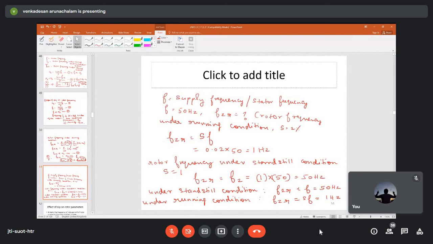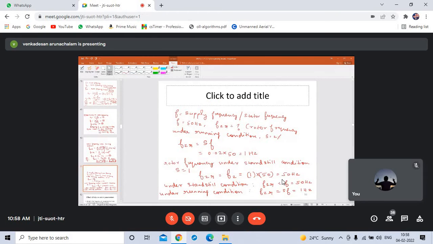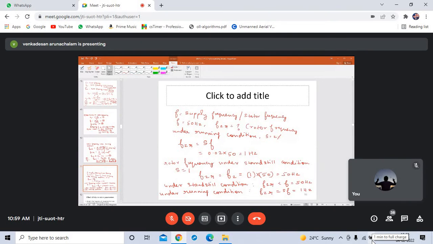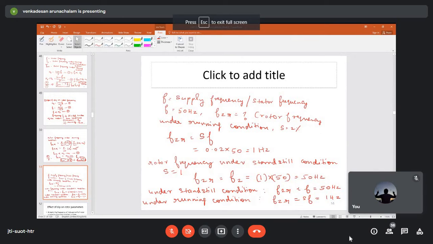So under standstill condition, your rotor frequency is 50 Hz, and under running condition, the rotor frequency is equal to 1 Hz. In other words, how much effect the slip has on the rotor in an induction motor, you can very well understand from this example. See, almost the rotor frequency is looking like DC when compared to the stator frequency. Am I right? During running condition? Yes or no? 1 Hz is very, very small.